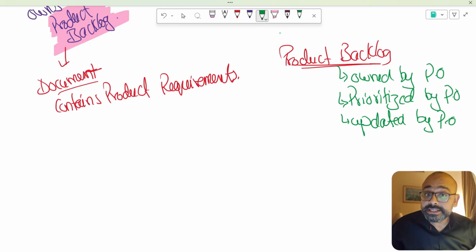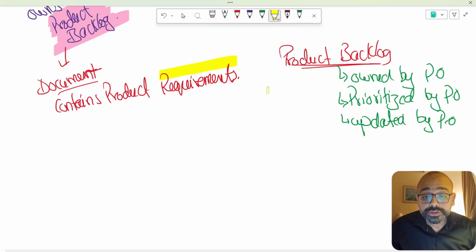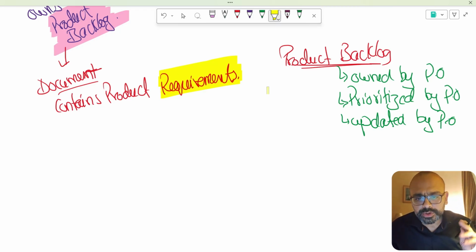So what does it contain? I have written one word over here, which is requirements. So it will contain requirements. Now, if you know the basic concepts of project management, the word requirement means a condition or a capability that the product should be having. Anyways, I'm not going into that. Coming back, requirements.